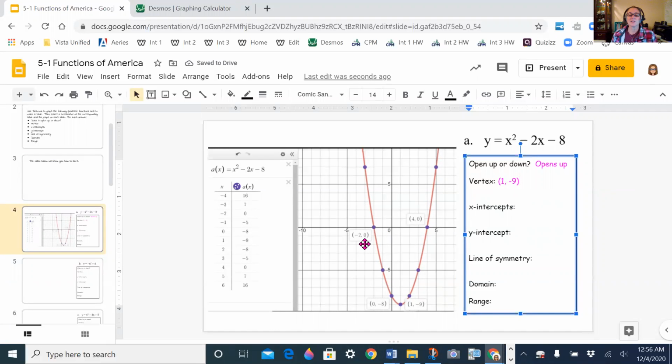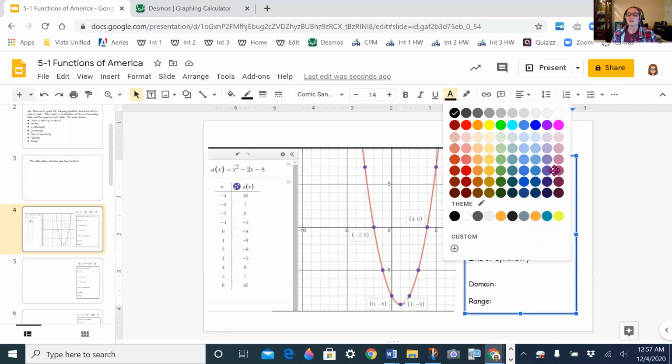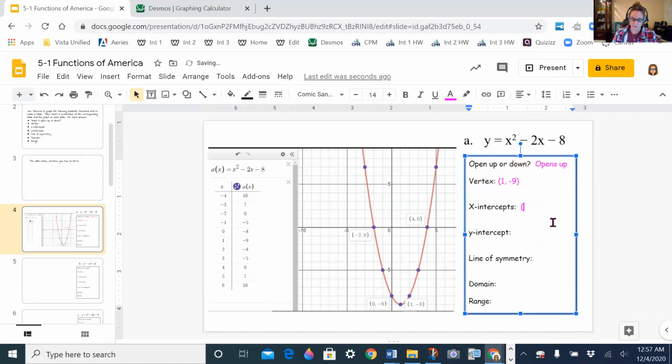X-intercepts I have at -2, 0 and 4, 0. Okay, so I'm going to do -2, 0, and 4, comma 0. Just forgot my 0. And then my y-intercept is down here at 0, negative 8.